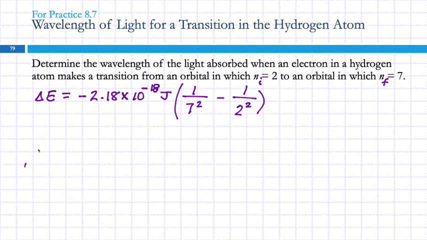Negative 2.18 EE minus 18 times, open the parentheses, 1 divided by 7 squared, minus 1 divided by 2 squared. Close the parentheses. That gives 5.01 times 10 to the negative 19th joules. That's the energy.